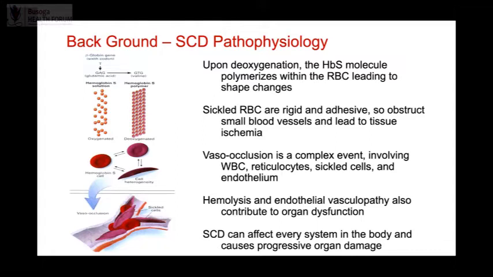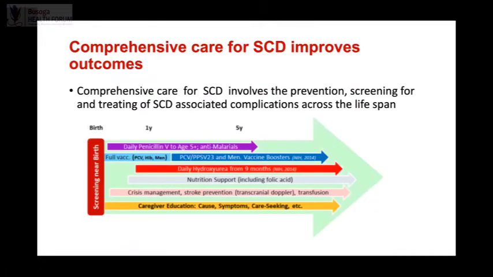The end game is a chronic hemolytic anemia and a painful crisis that eventually affects every body system and causes progressive organ damage that eventually leads to the early death that we see in sickle cell disease. Given the multisystemic nature of sickle cell disease, and given that it's a progressive disease, if we do not do anything to stop it, it's going to progress to end organ damage with a very early mortality.